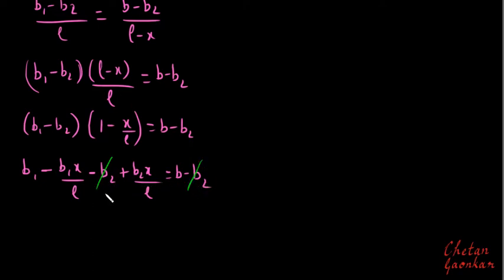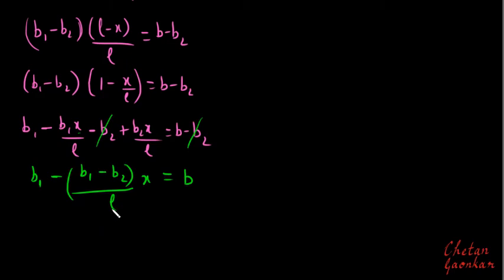And then further I can rearrange this term as follows. I can write this term as b1, as it is I am keeping this, minus (b1 minus b2), and then I can divide this by the common L, and multiply this by x, and this will be equal to b.